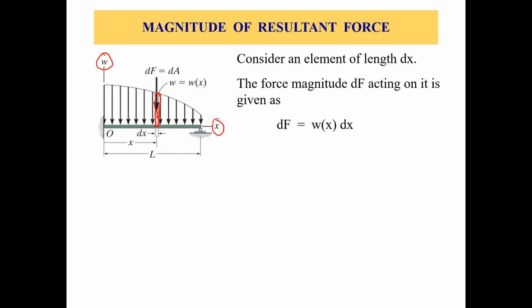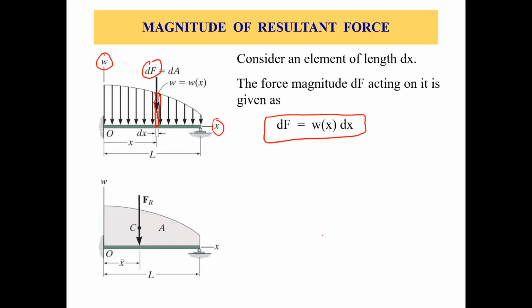Now the force magnitude dF acting on this element is given as dF equals w times dx, right? So w is the magnitude times dx, which is the length of this element. Okay.